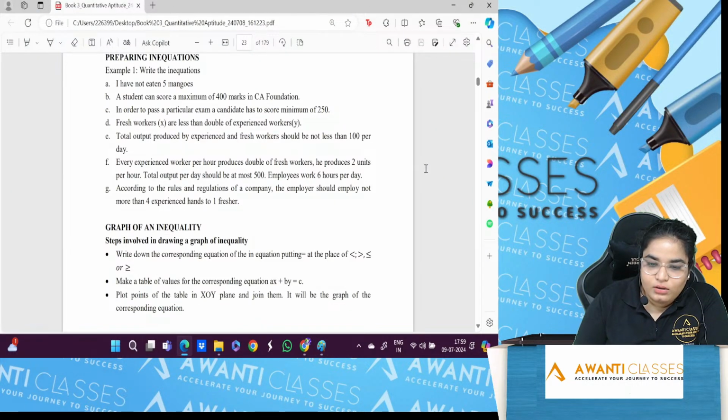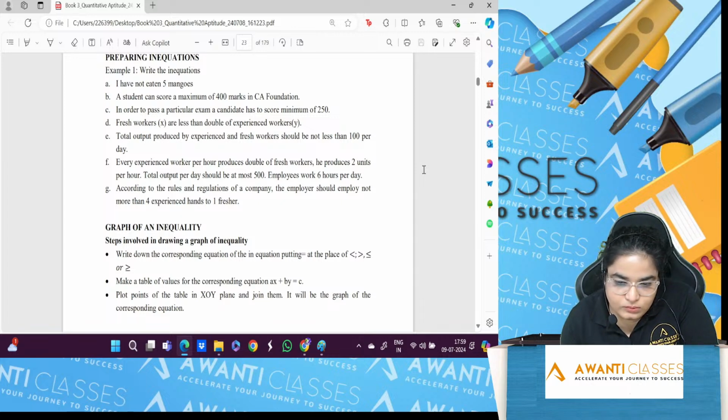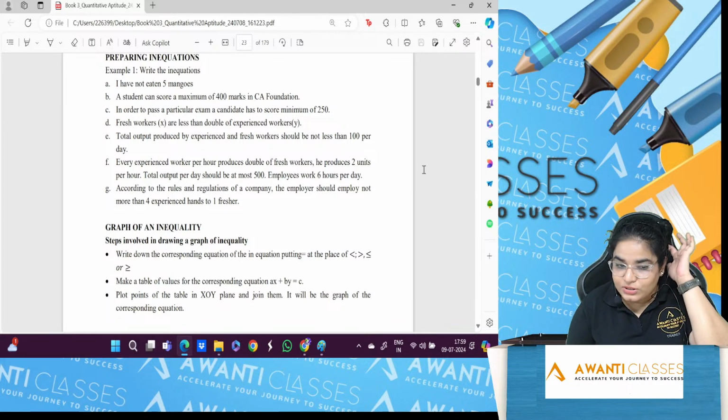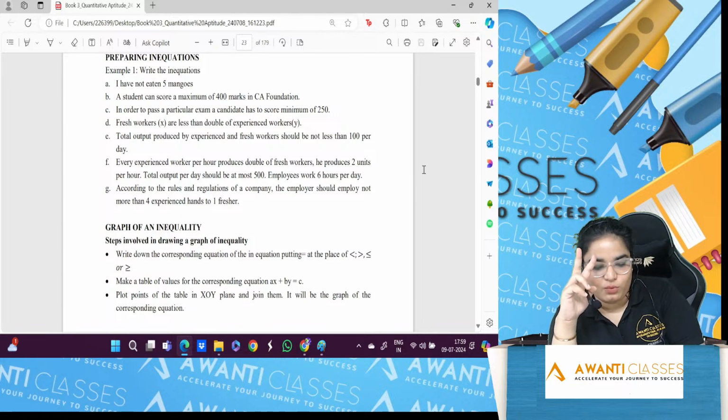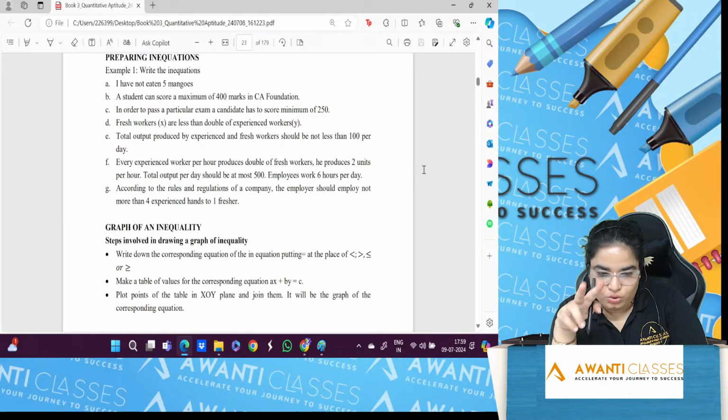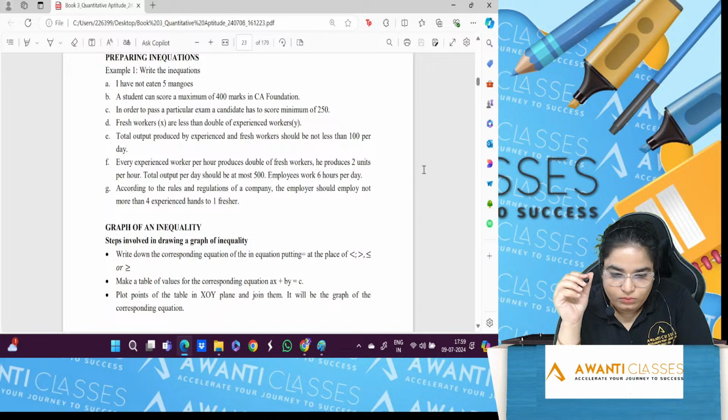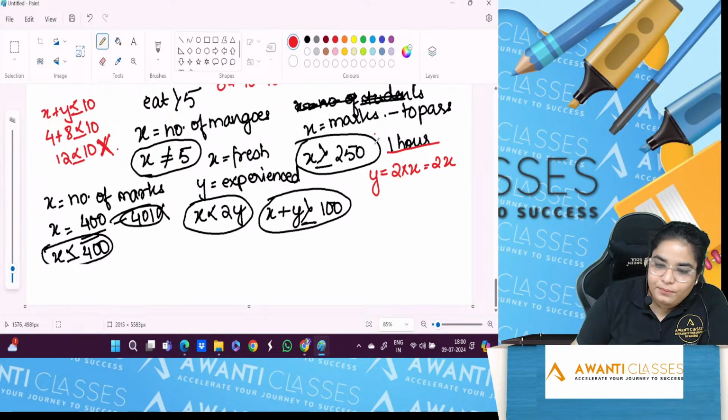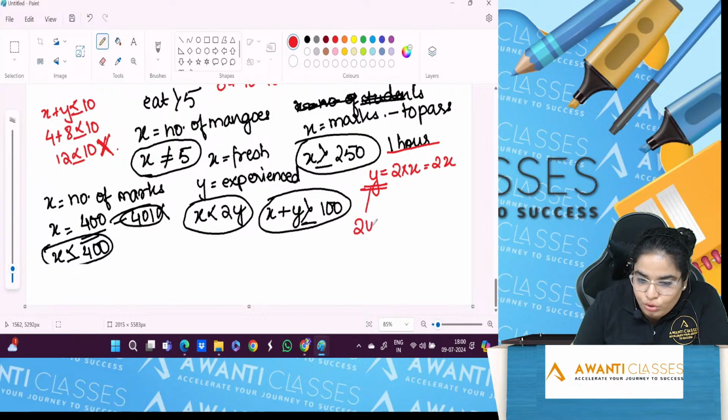Now, they are saying an experienced worker will produce 2 units per hour.